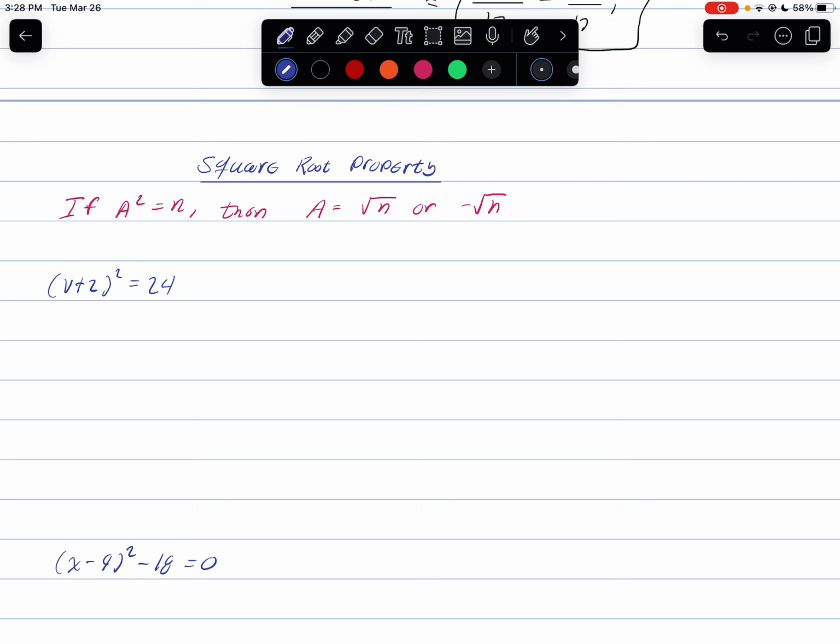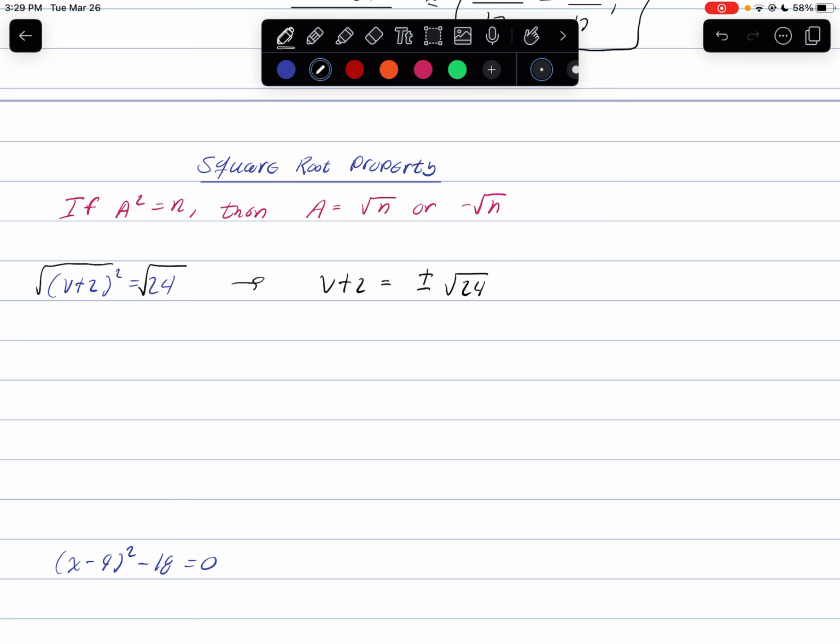Okay, so if we have something like v plus 2 squared equals 24, we're able to undo this square by taking the square root of each side. But we can't just take the square root of each side. We have to rewrite this as v plus 2 is equal to plus or minus the square root of 24.